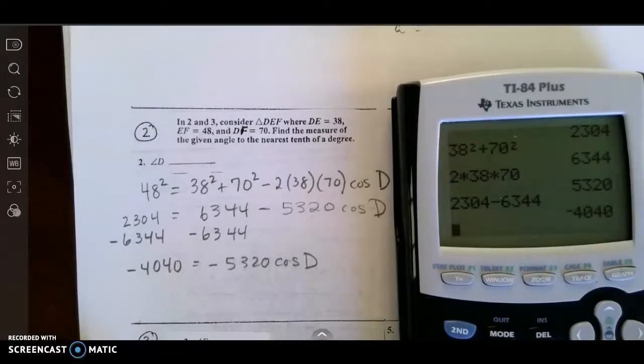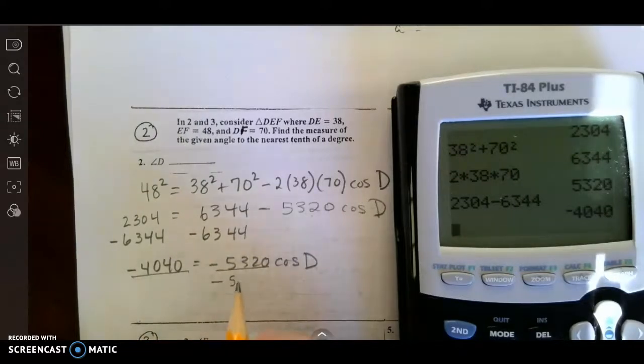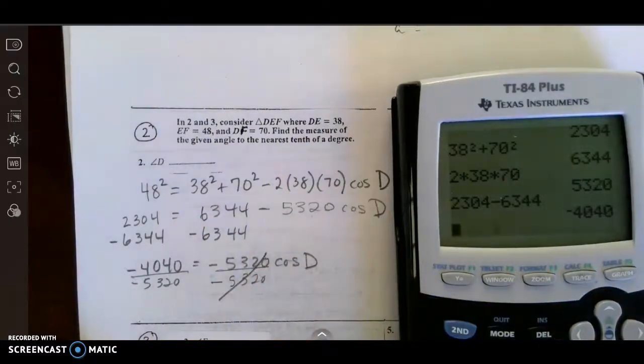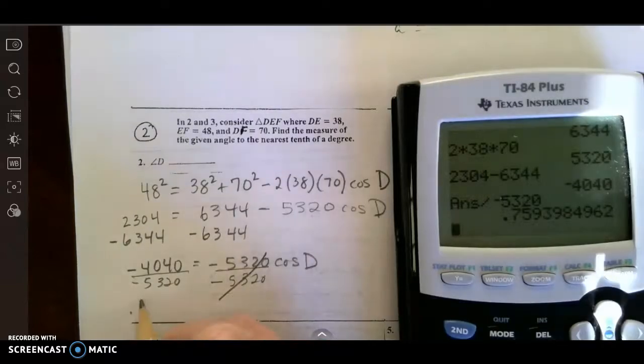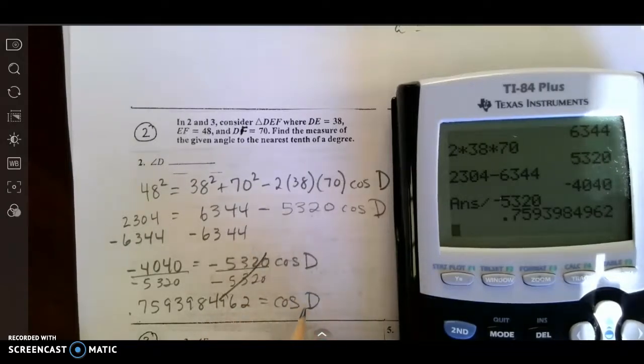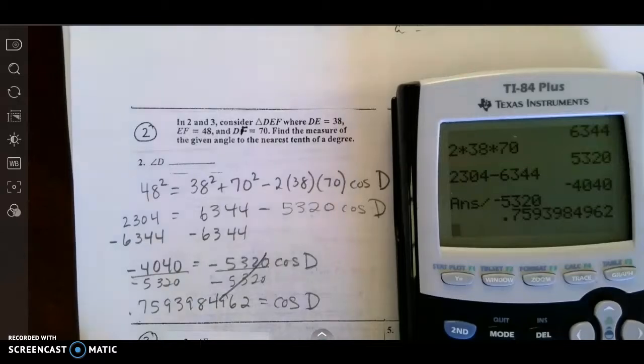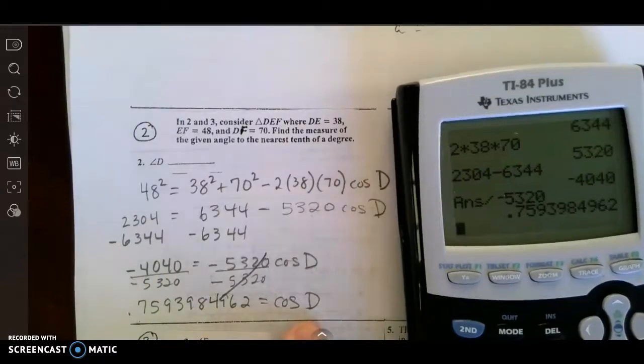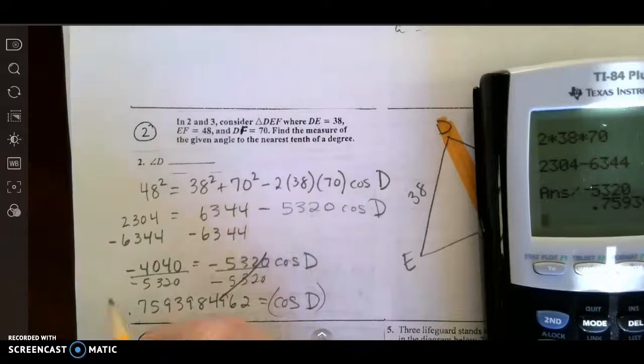Getting closer. Need to get rid of this, so I divide, since it's being multiplied, by negative 5,320. And I get 0.759384962 equals the cosine of D. And since I'm looking for just D, I'm going to do my inverse here.